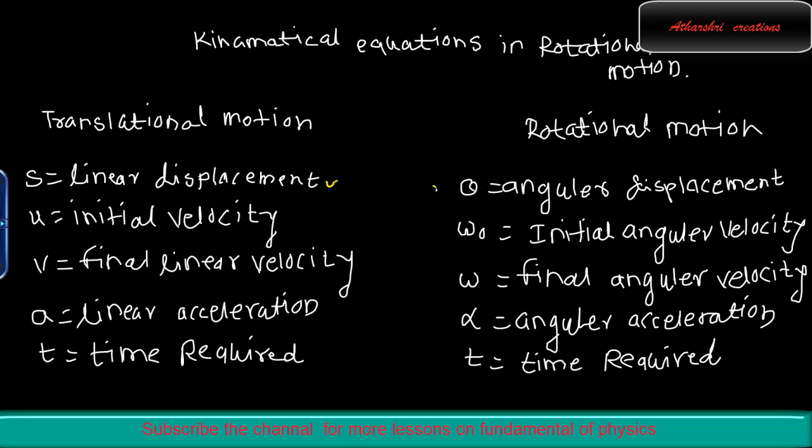Analogical quantity in rotational motion is theta, which is the angular displacement. u is the initial linear velocity, omega 0 is the initial angular velocity. v is the final linear velocity. Corresponding in rotational motion is omega, which is the final angular velocity. a is the linear acceleration, alpha is the angular acceleration. Time required is the same, t, in translatory and rotational motion.